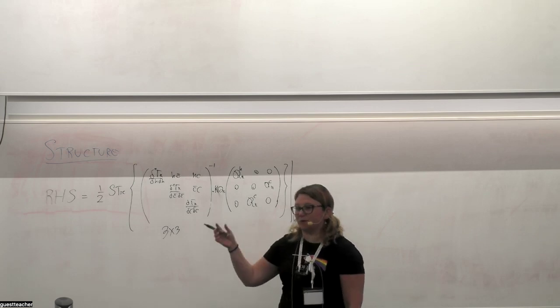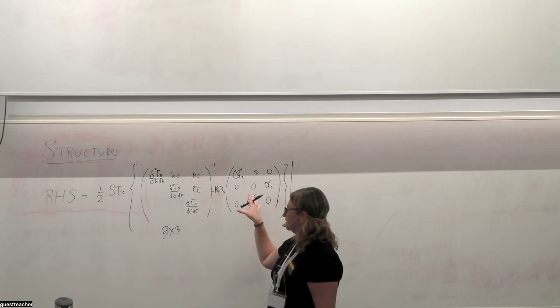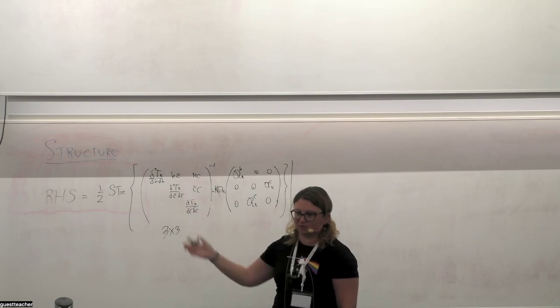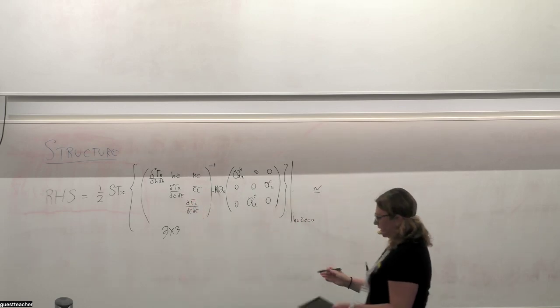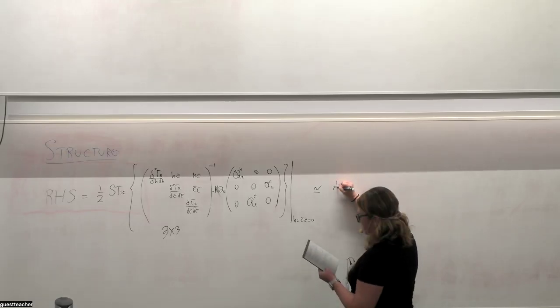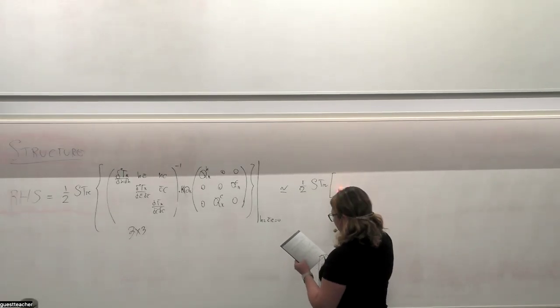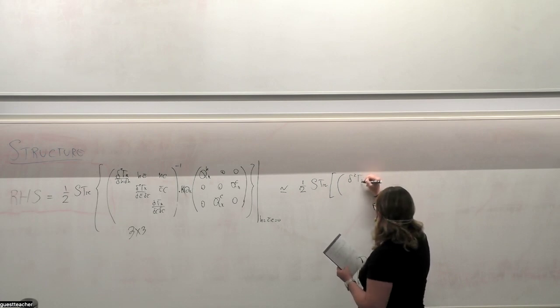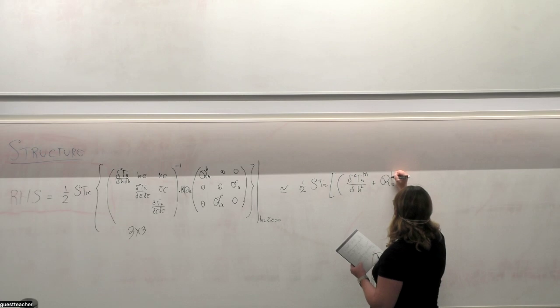So only the quadratic terms in the fluctuation fields will contribute, and this means that practically at the quadratic order, gravity and the Faddeev-Popov ghost, as should be, are decoupled, and therefore this is approximately equal to 1/2 super trace of the graviton part. So here we have the second derivative of gamma k with respect to h, regulated, of course.